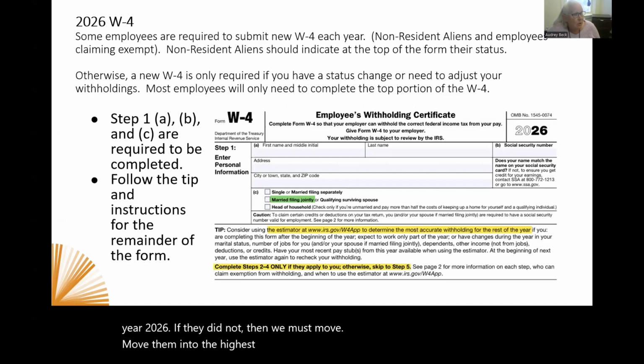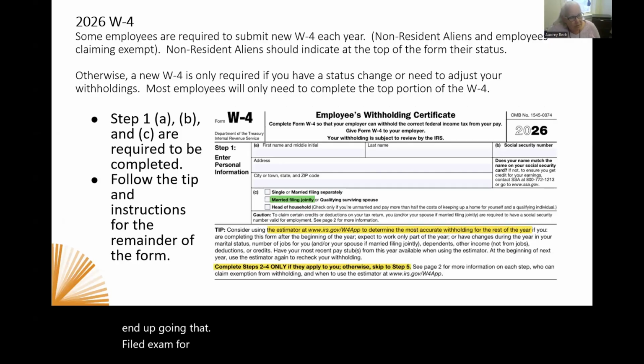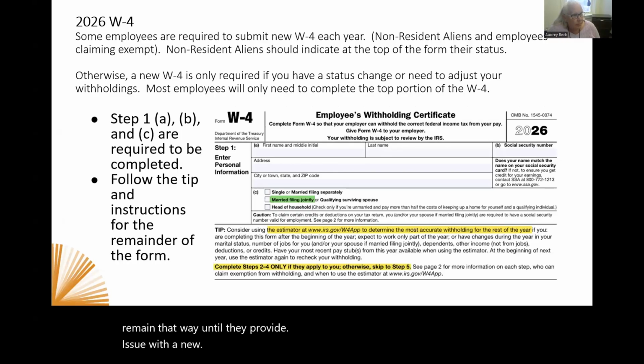So if you had an employee that filed exempt for 2025 and did not bring you a new W-4 before February 15th, they should be changed to a single with no deductions on their W-4. And it will remain that way until they provide you with a new accurate W-4.